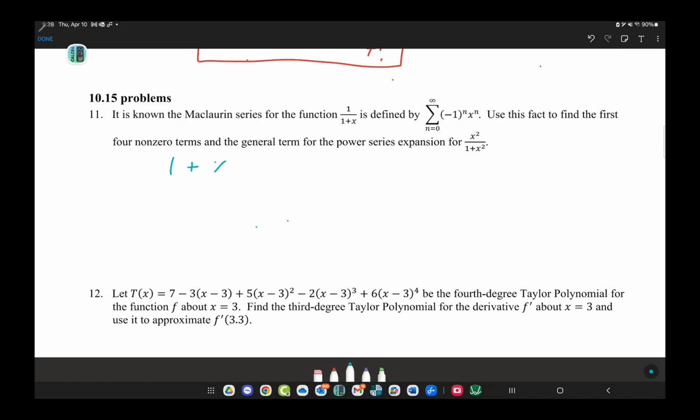Then we have 1 over 1 plus x squared. This is 1 over 1 plus x.